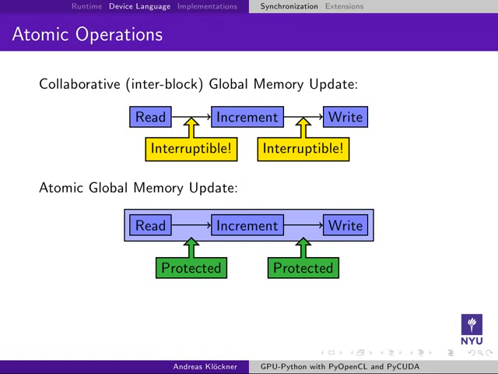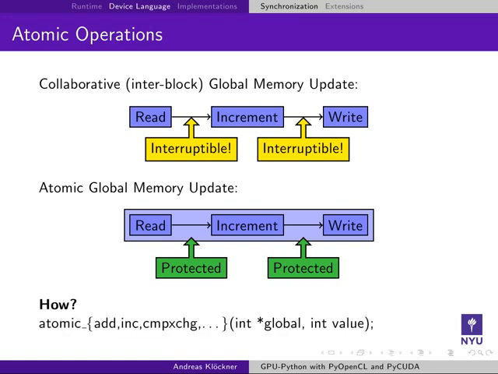One particular operation that you might want to look at is compare and swap. That allows you to do arbitrary complicated things that fit into 32-bit or 64-bit with atomics. So look at the documentation. It's a little bit too much to explain right now.